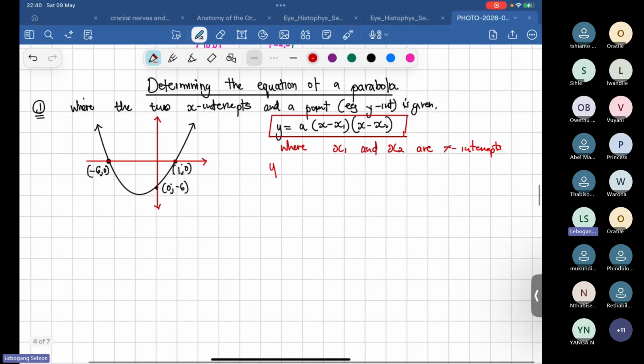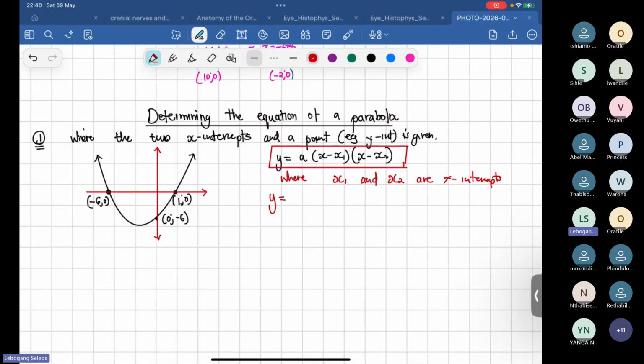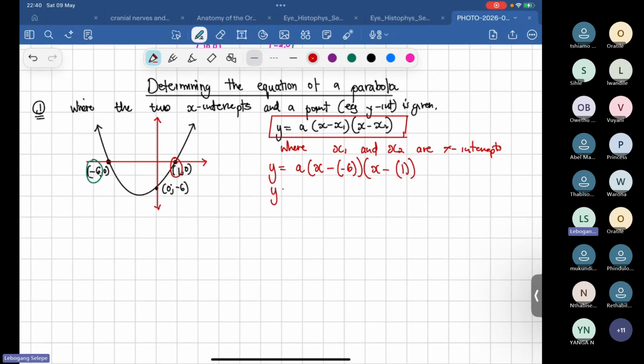We say y is equal to a into x minus the first x-intercept, which is -6, and then into x minus the second x-intercept, which is 1. Then I simplify this into y is equal to a(x plus 6)(x minus 1).